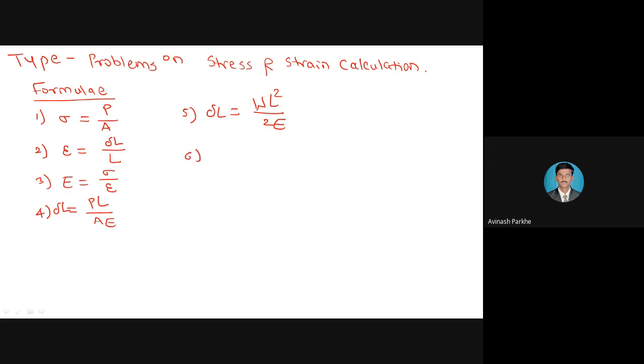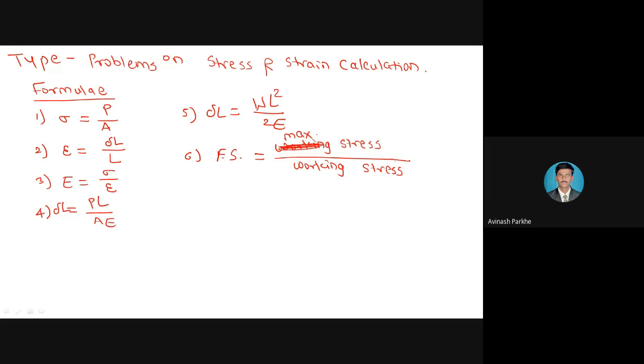Then formula number 6, factor of safety is equal to maximum stress upon working stress. So these are the 6 formulas which we have to use in type number 1.